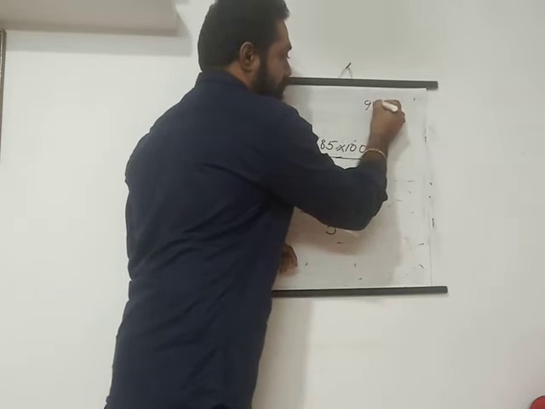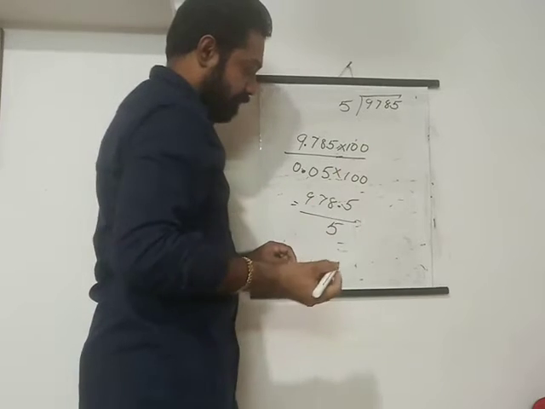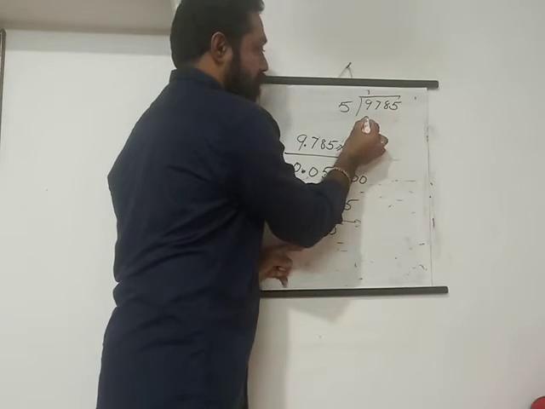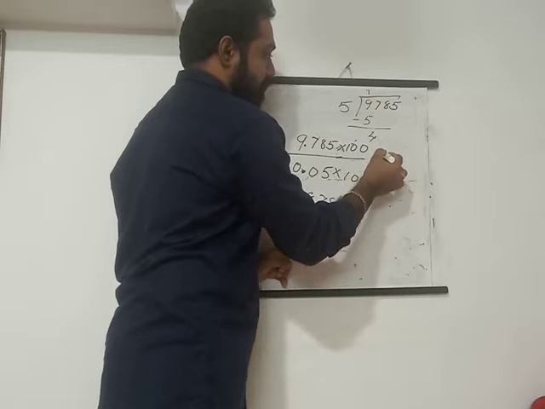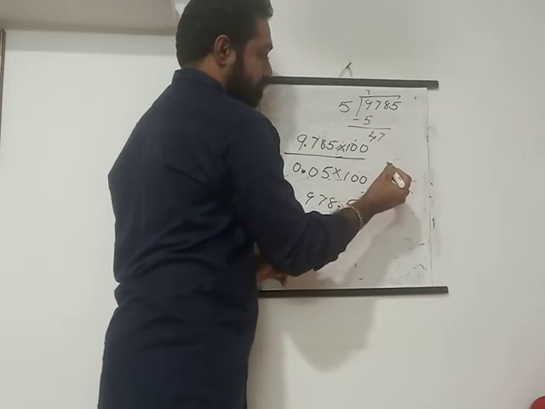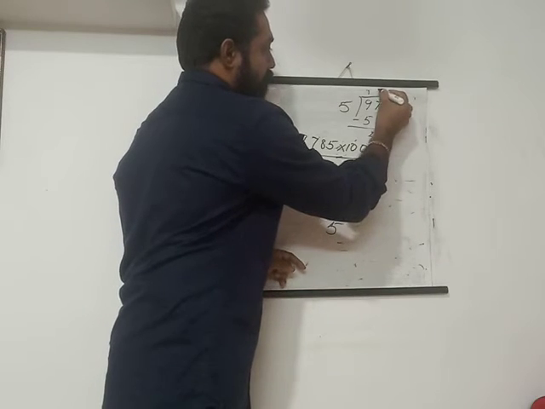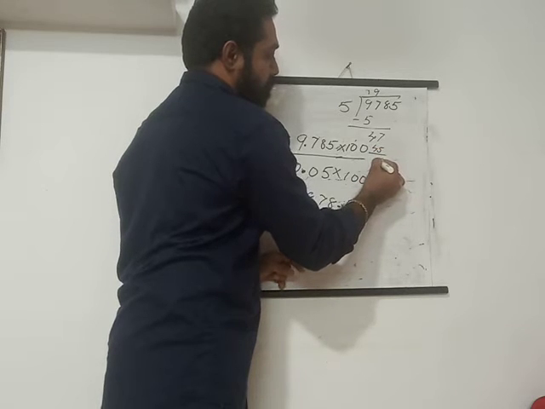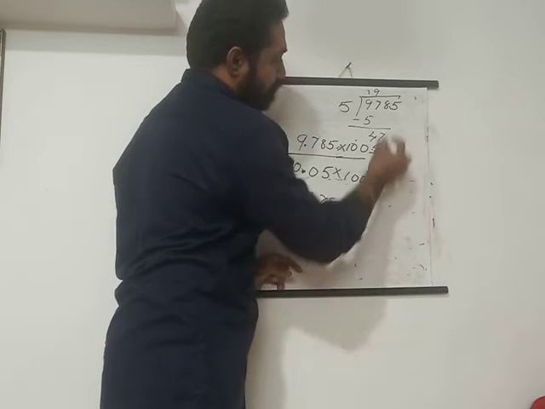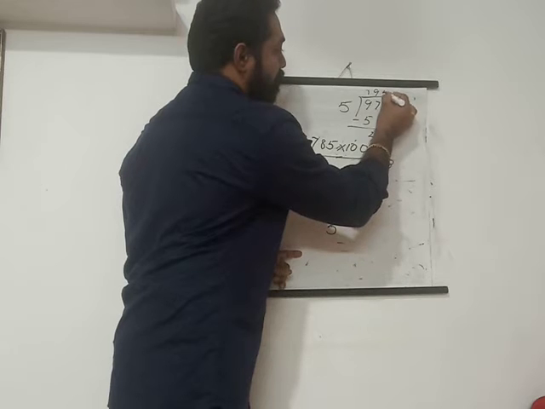So 9785 is there, divided by 5. 1 5 is 5, 5 minus 9, 4 I will get, isn't it? 47, then 9 5s are 45, when you subtract you will get 2. Then 28 will come. 5 5s are 25.